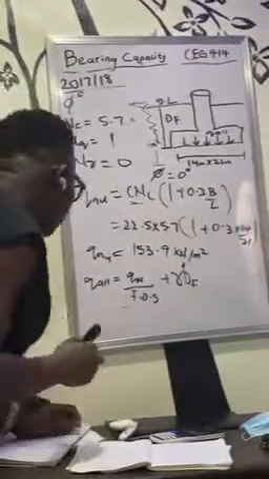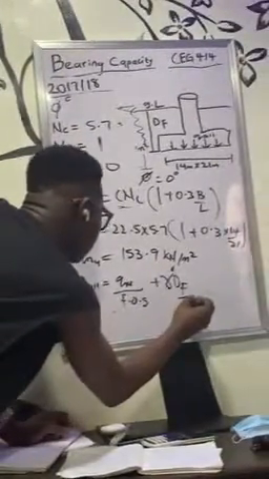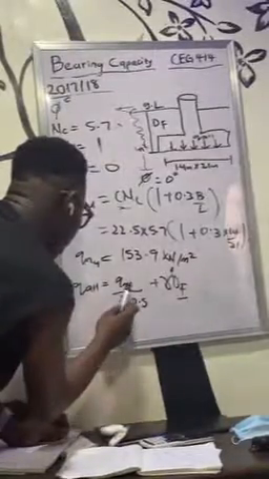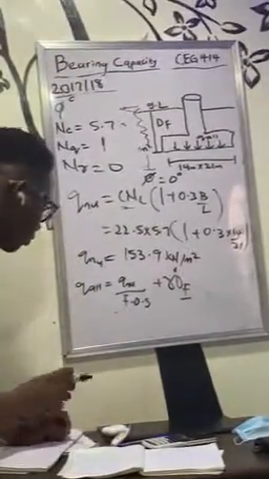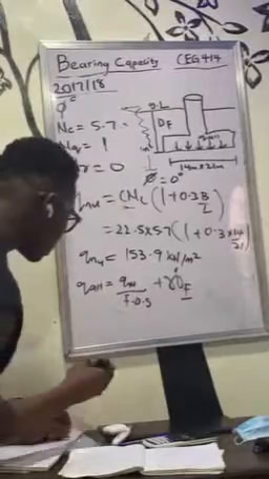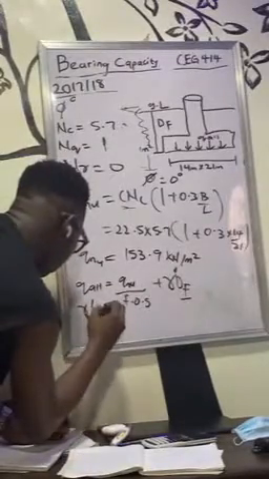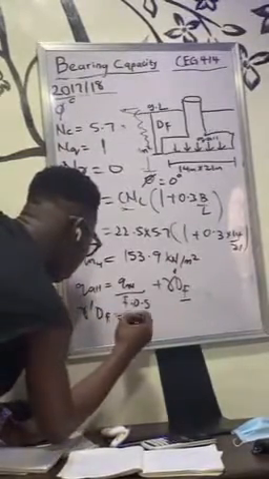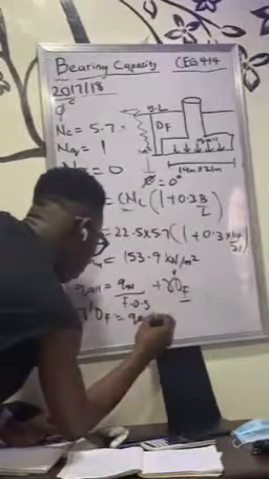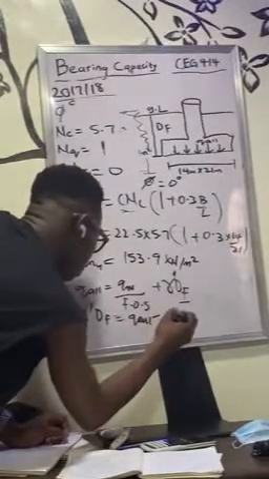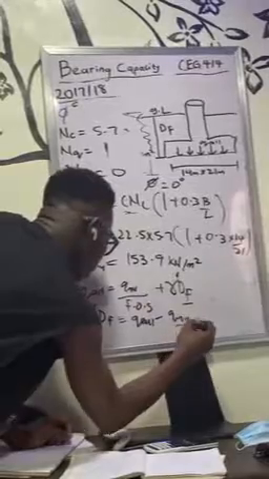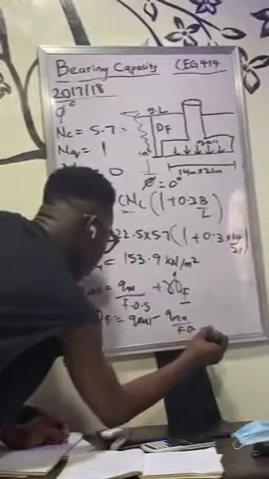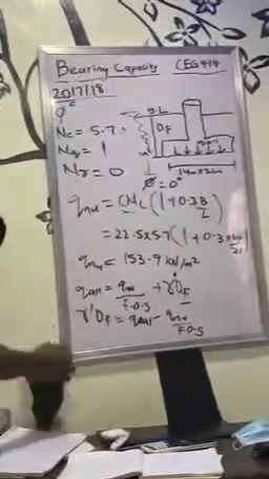We are looking for DF. We have our QNU. Q allowable was given in the question as 140. We have our factor of safety as 3. So let's make DF the subject of the formula. We will have something like Q allowable minus QNU over factor of safety.